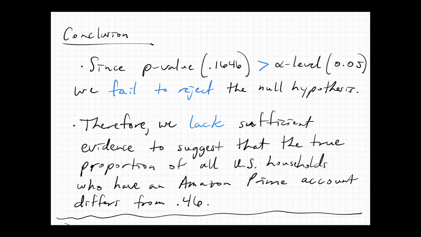It all stems from the p-value. If the p-value is bigger than alpha, you fail to reject and you don't have enough evidence. If the p-value is smaller, like if this was smaller than 5%, then we would reject and we would have enough evidence. Then we could say they're liars. I have enough evidence to say, nope, the claim is wrong.